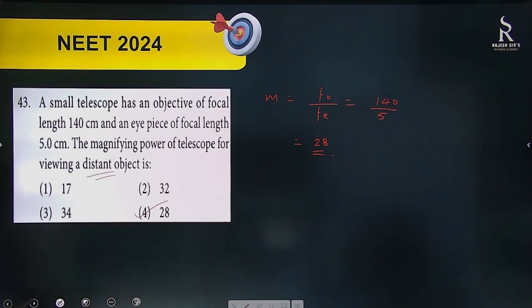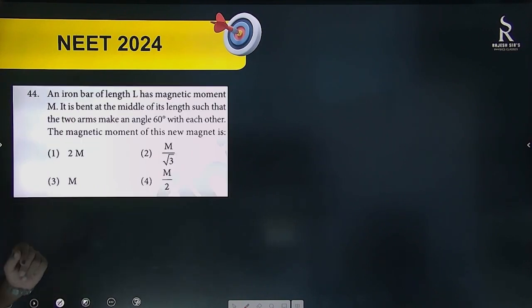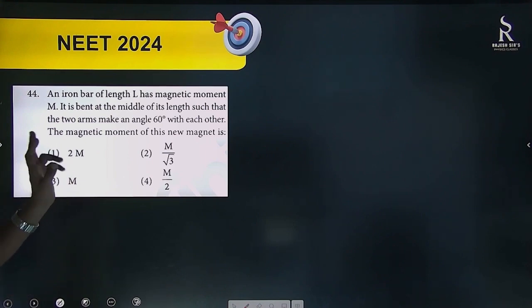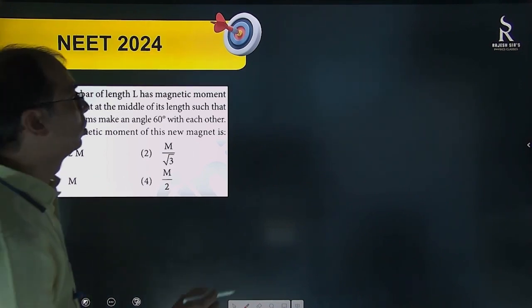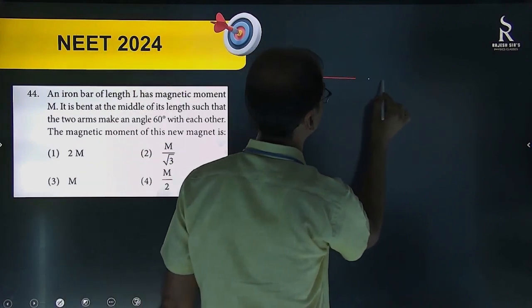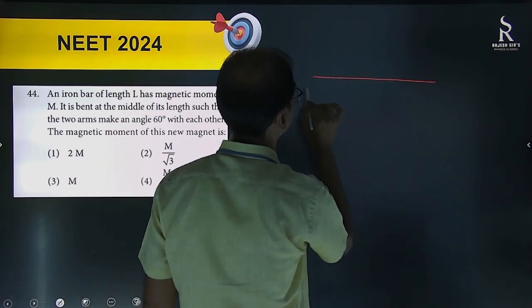Okay, then easy question. An iron bar of length L has magnetic moment M. It is bent at the middle of its length such that the two arms make an angle 60 degrees with each other. The magnetic moment of this new magnet. Okay. So one magnet is there, like this, one line only.